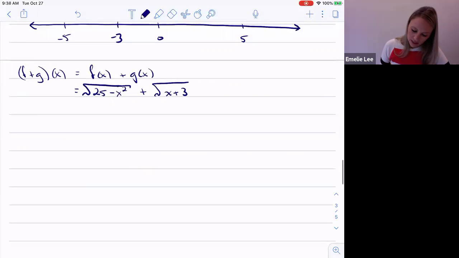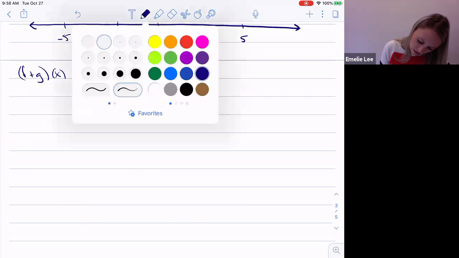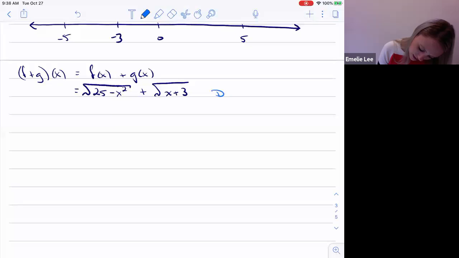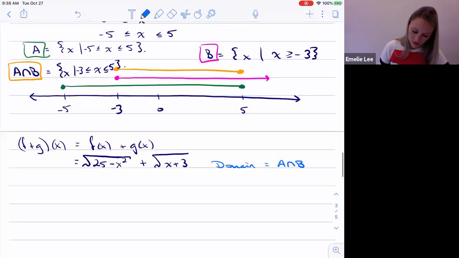So there's nothing really I can do here because I'm adding the roots. So I'm just going to leave it like this. So the domain here is A and B, which we established just here. X is between -3 and 5.